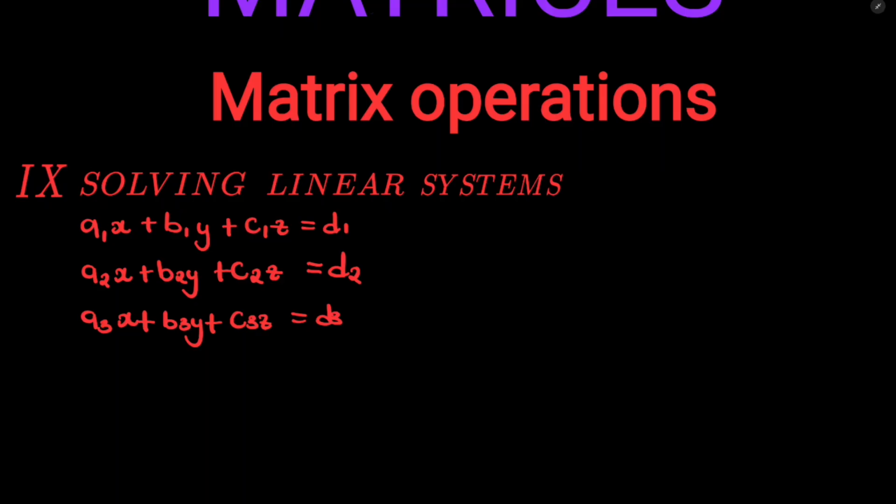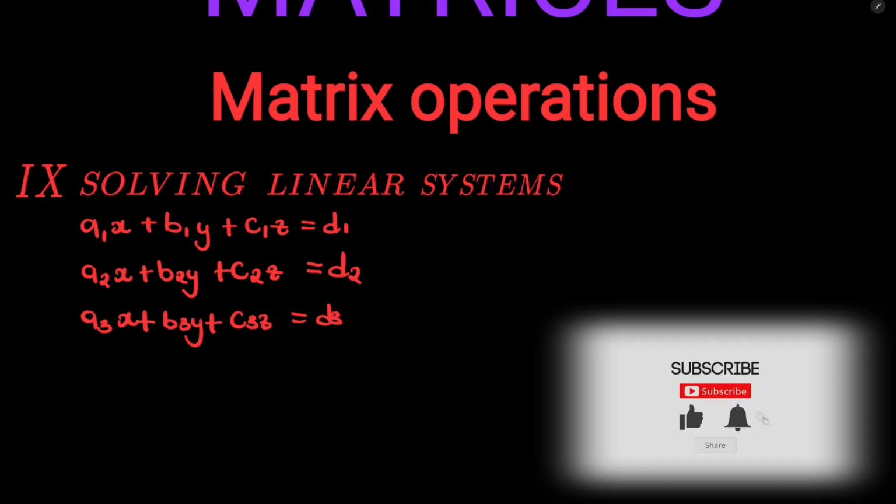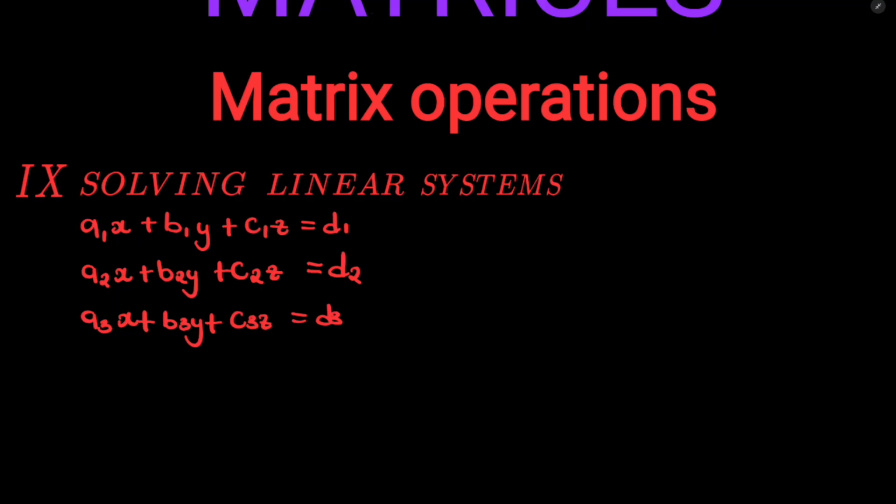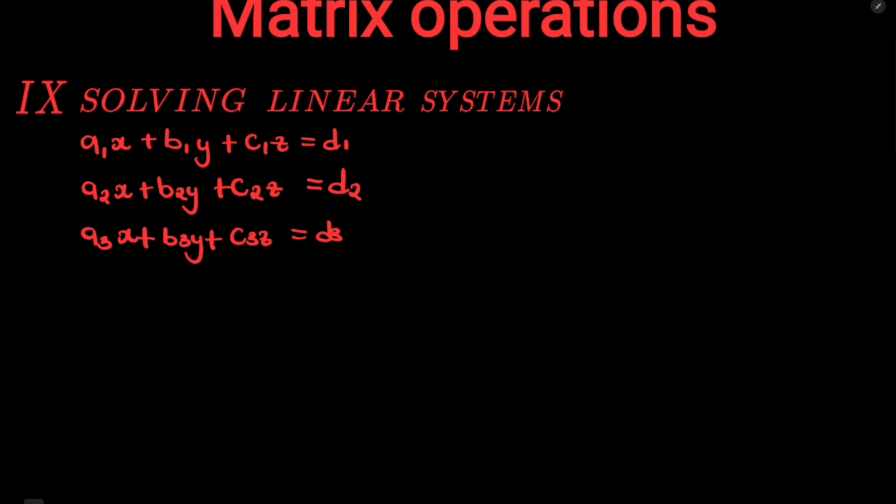So when we write in matrix form, it's going to tell us how we can solve it. The left hand side can be written as a product of two matrices, and the right hand side can also be put in a matrix. So we are going to have a1, b1, c1, a2, b2, c2, a3, b3, c3.